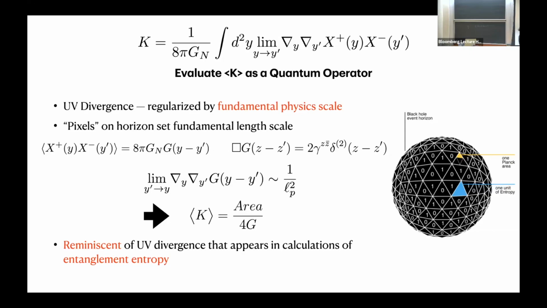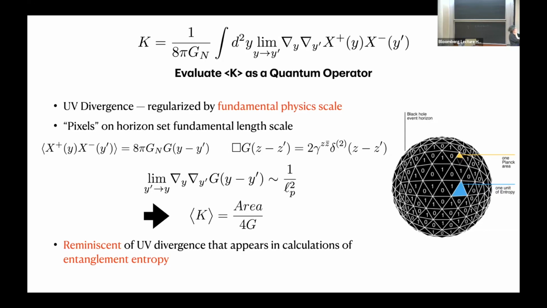And so you have to do something with it and regularize it, which is very similar to what you do when you compute the entanglement entropy in CFT, for example. And you're just going to replace this transverse delta function with some UV scale. Let's choose it to be the Planck length squared.